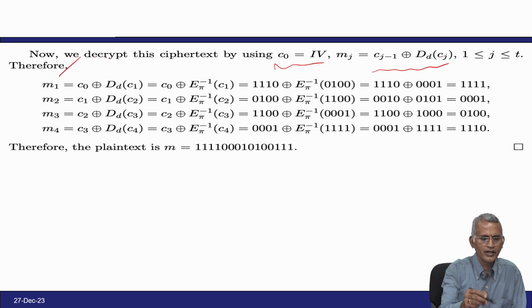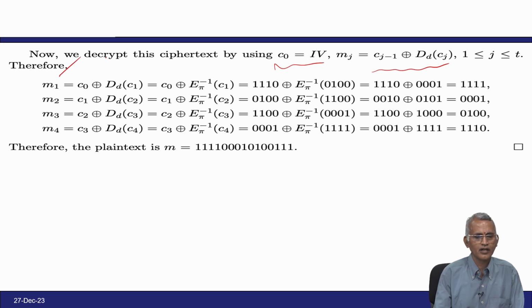Therefore, M1 equals C0 XOR D pi of C1, therefore C0 XOR E pi inverse of C1. So C0 is 1110, and pi inverse, the inverse of the function, gives 0 1 0 0. The corresponding value I have to add with XOR, so that the value is 1 1 1 0.